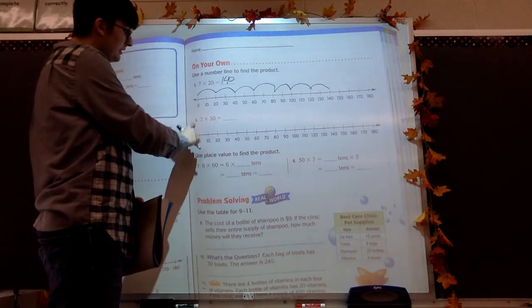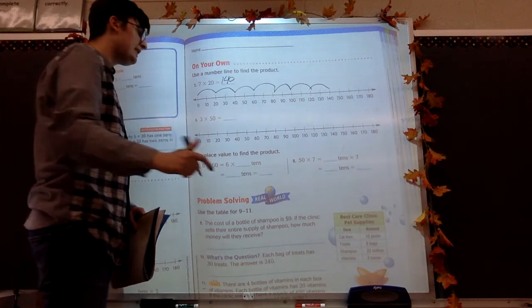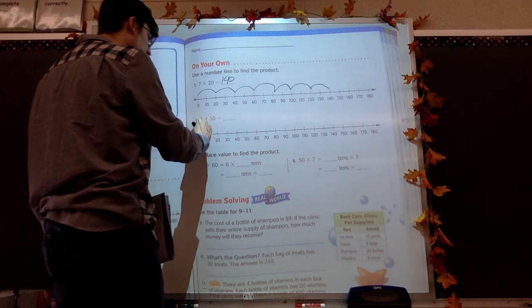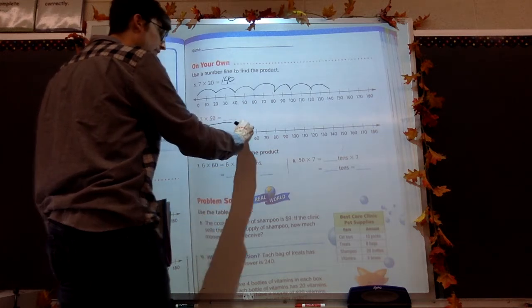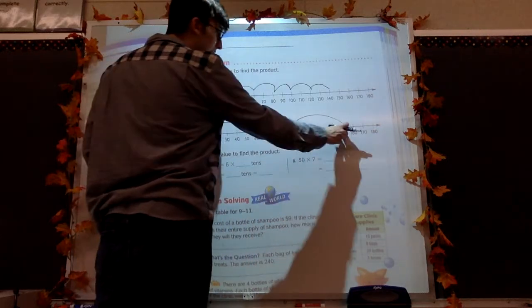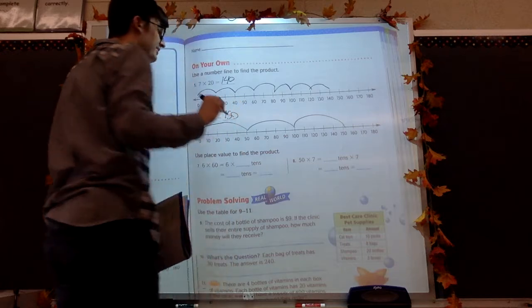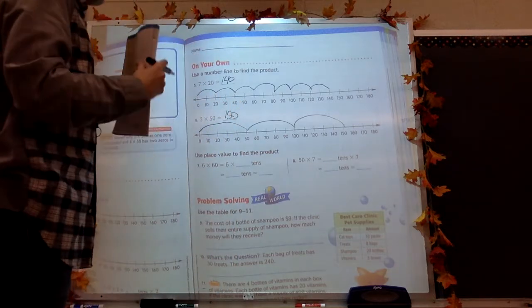Doing the same thing down here, we have 3 times 50, counting by 50s until we've counted 3 times. So all the way to 50, 1, 2, 3. Added 50 to each one, got all the way to 150, so 3 times 50 is 150.